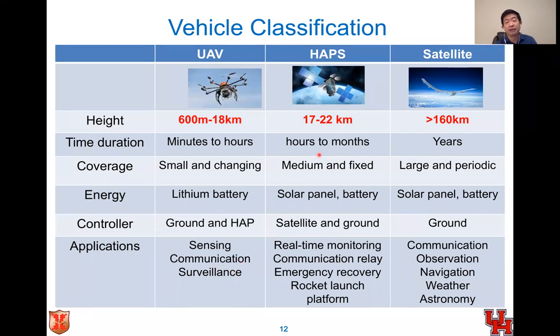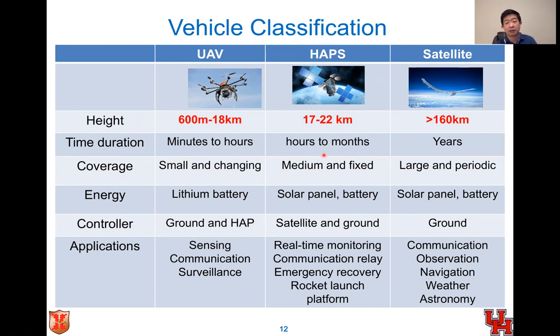For the HAP, I think the photo here is wrong. The HAP is basically a balloon. It can last hours to months, and it is about 17 to 20 kilometers up.